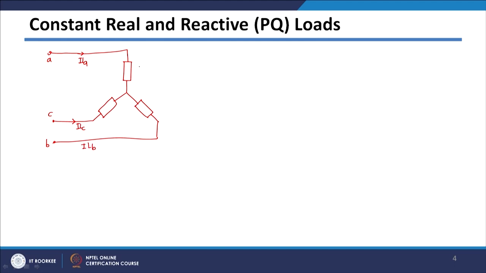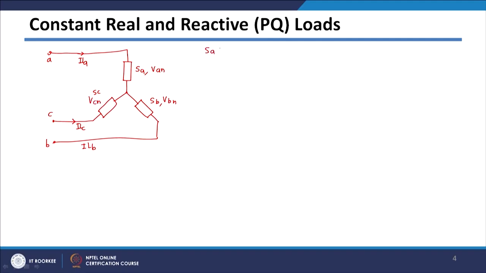Now, this load has complex power SA, and the voltage across this load is VAN. This is SB, and the voltage across it is VBN. This load is SC, and the voltage across it is VCN.